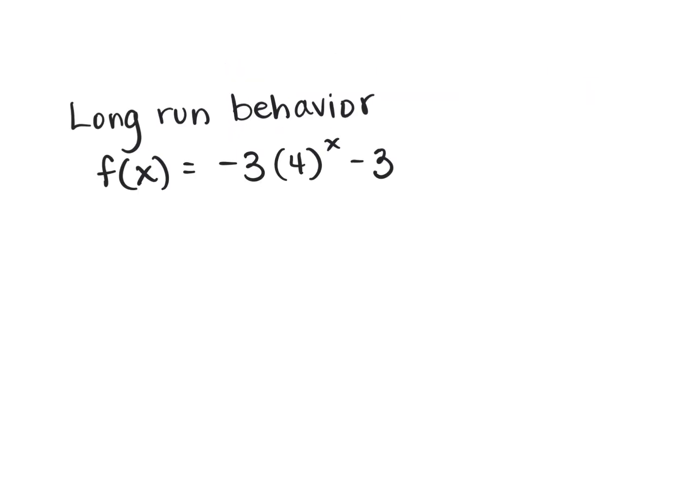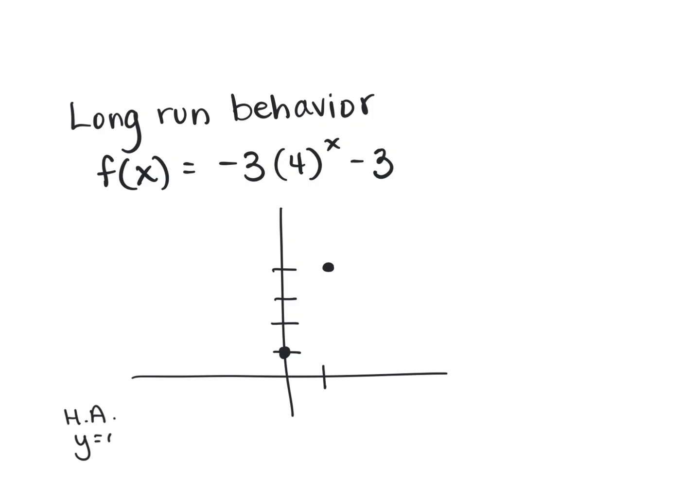When asked to do a long-run behavior graph, what they ask you to do is figure out what the transformations do. So in its parent form, we would have a parent graph of 4 to the x power. These will be my 2 original ordered pair points in its parent location. If that is the only thing I've got, then I have a horizontal asymptote on the x-axis, which is at y equals 0.